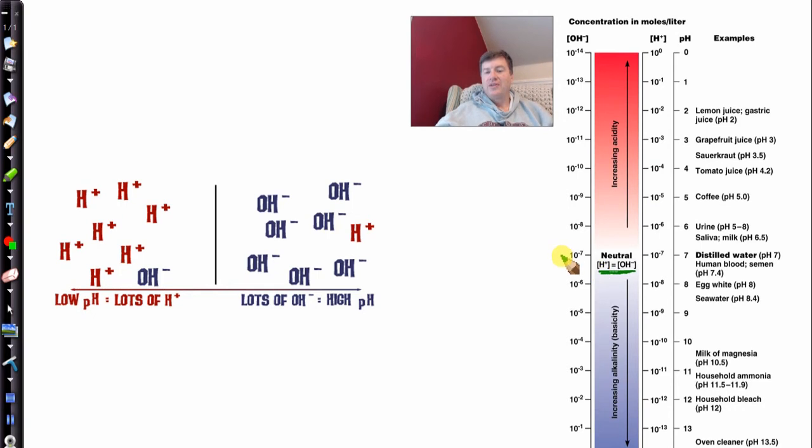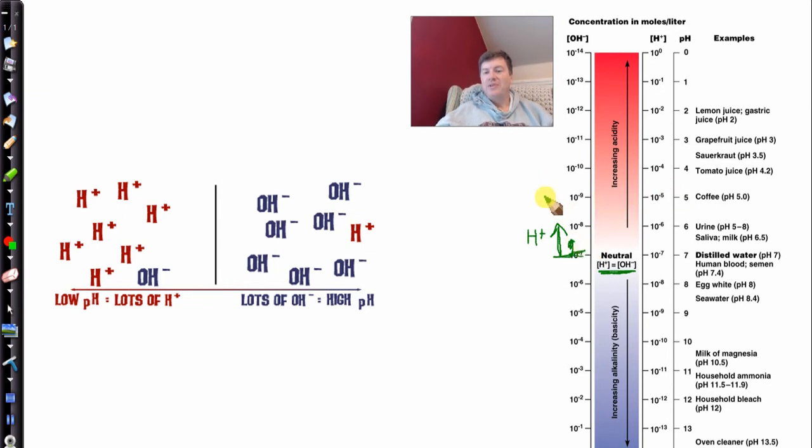If I start going this direction on the pH scale, I'm going to start tipping the balance toward having a few more hydrogen ions in solution than hydroxide ions. So if I'm pretty close to here, I'm going to call that a relatively weak acid. It's acid because it's below 7. That is, it's more concentrated in hydrogen ions than pH 7, and we'll discuss the numbers in a moment.